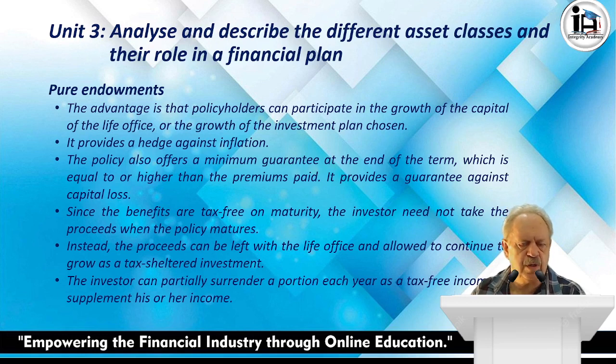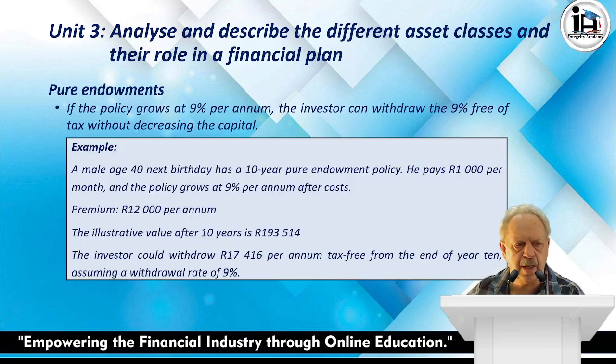Since the benefits are tax-free on maturity, the investor need not take the proceeds when the policy matures. Instead, the proceeds can be left with the life office and allowed to continue to grow as a tax-sheltered investment. The investor can partially surrender a portion each year as a tax-free income to supplement his or her income.